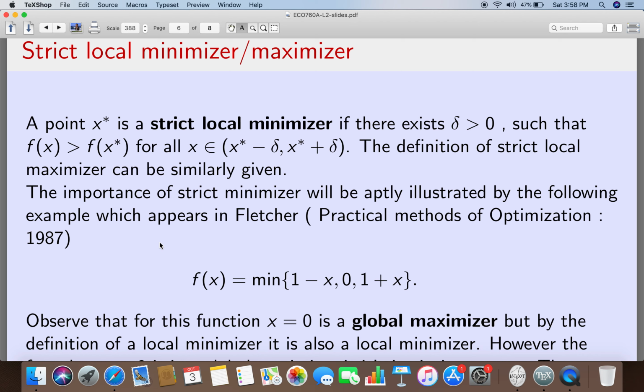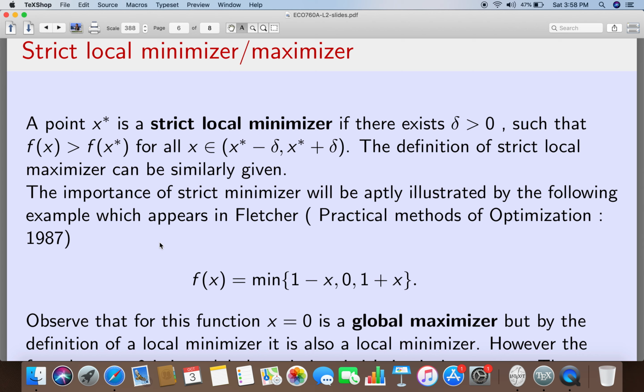The strict local minimizer is a point for which I can find a neighborhood of x*, that is x* minus delta and x* plus delta, this delta neighborhood of x*, so that any x which is there but not equal to x*, right? So there is a small mistake here.